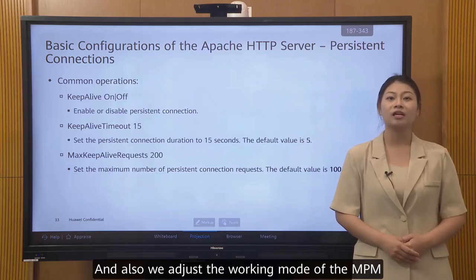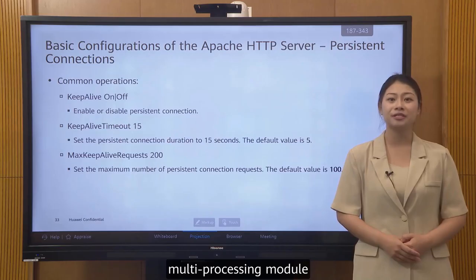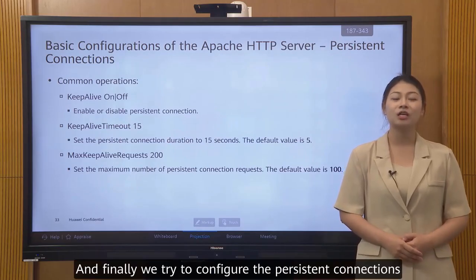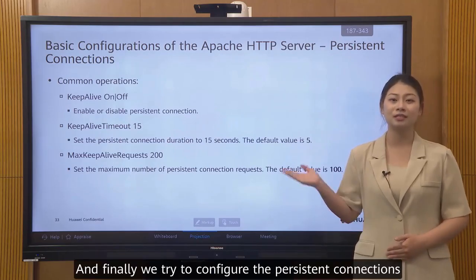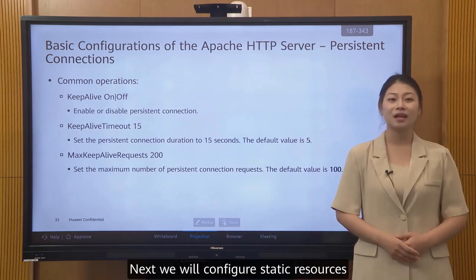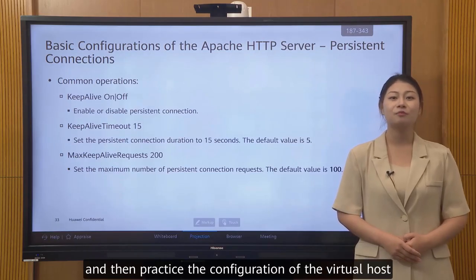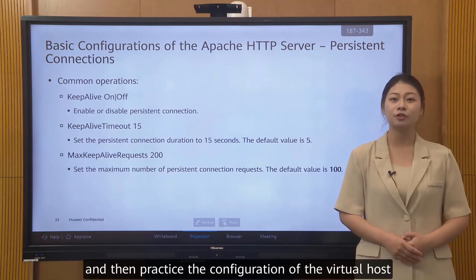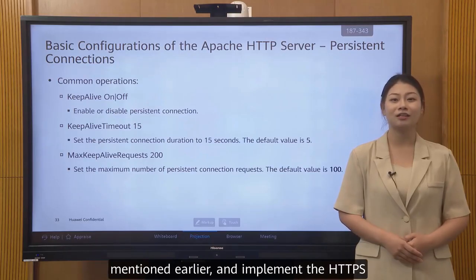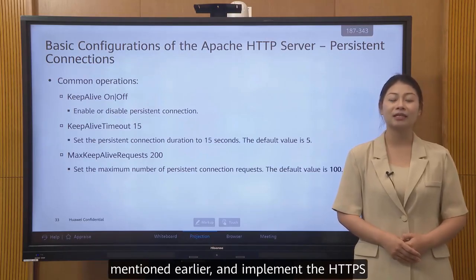And also, we adjusted the working mode of the MPM multiprocessing modules. And finally, we tried to configure persistent connections. Next, we will configure static resources for the Apache HTTP service, and then practice the configuration of the virtual host mentioned earlier, and implement HTTPS.